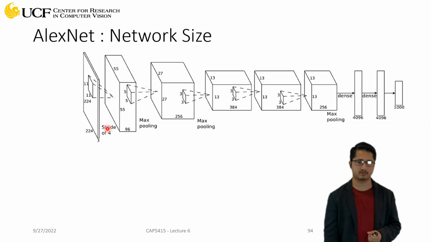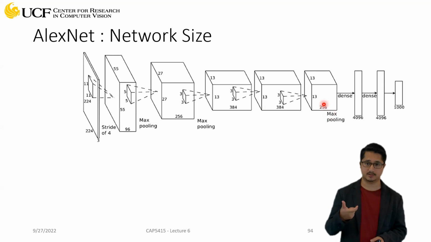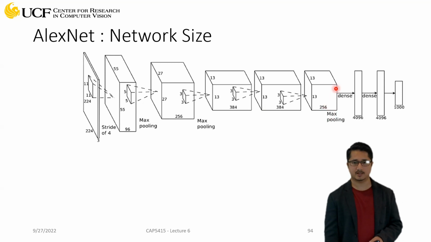For example, we have a convolution layer here, we have a max pooling layer, again a max pooling layer, and there will be some convolution layers in between as well. At the end, you have a feature volume which is 13 by 13, and we have 256 different channels, which is also the depth of the feature map. Eventually we compress it into a single dimensional feature vector.